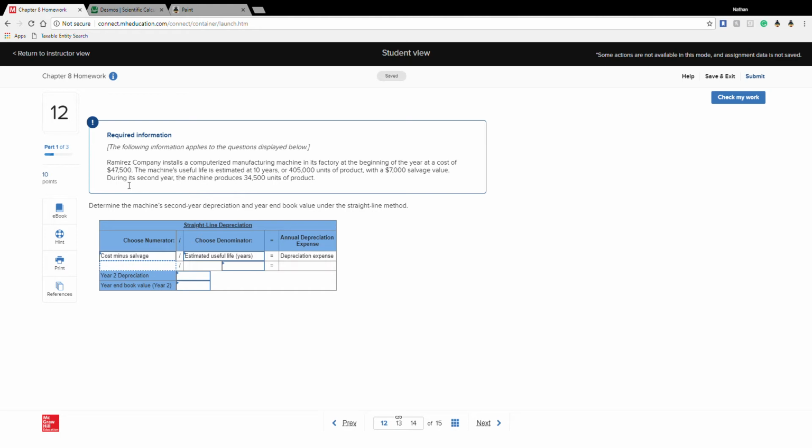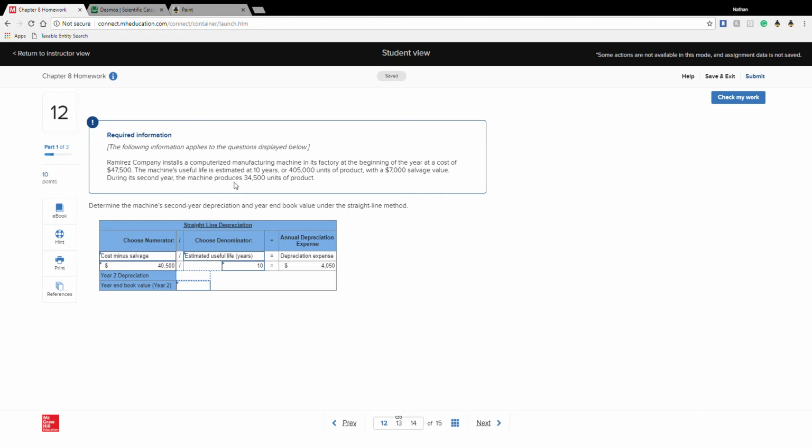Easy, real quick. 47,500 minus 7,000 is just 40,500. Okay. Then it asks us for life. Okay. So estimated useful life is 10 years. Means each year it should depreciate by 4,050 bucks.